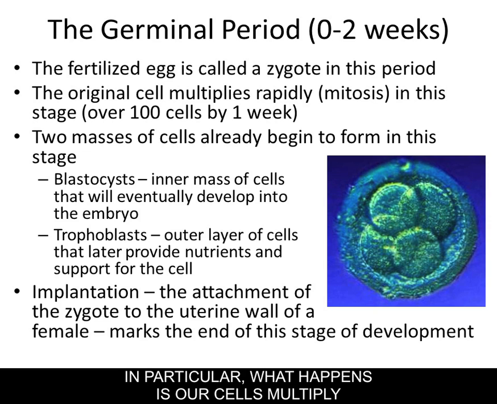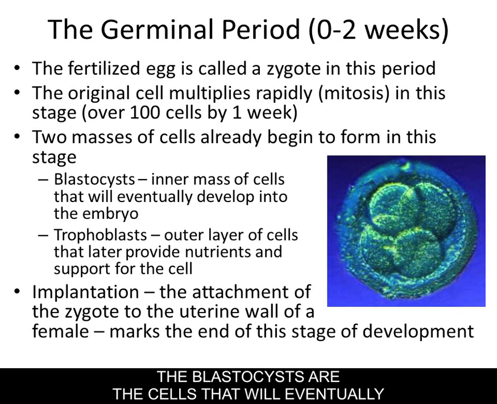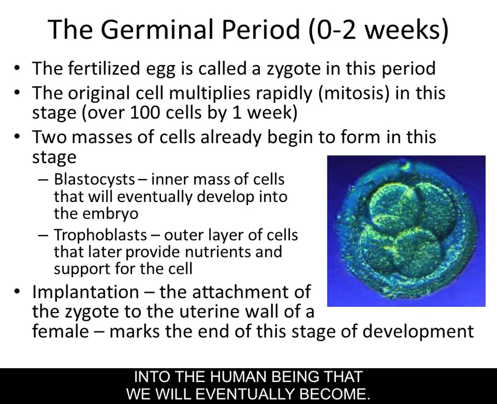In particular, what happens is our cells multiply into either becoming something that we call blastocysts or something that we call trophoblasts. The blastocysts are the cells that will eventually develop into us. So they develop into the embryo, which eventually develops into the human being that we will become.